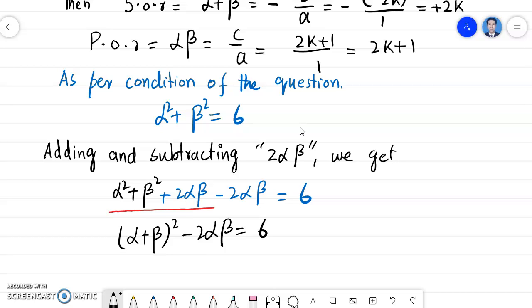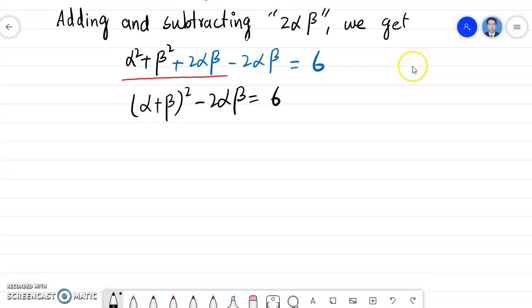Now putting values: alpha plus beta is 2k and alpha beta is 2k plus 1. So the value is 2k, its square, minus 2k plus 1, equal to 6.